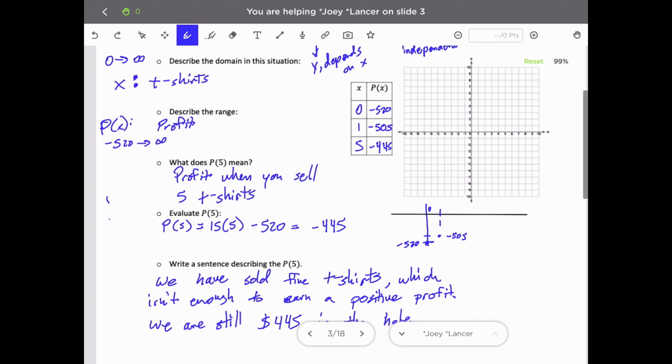And if we can sell 5, we'll still be at minus 445. So we have 5, negative 445. So we've got a long climb ahead of us to sell enough t-shirts to get into the positive profit area.